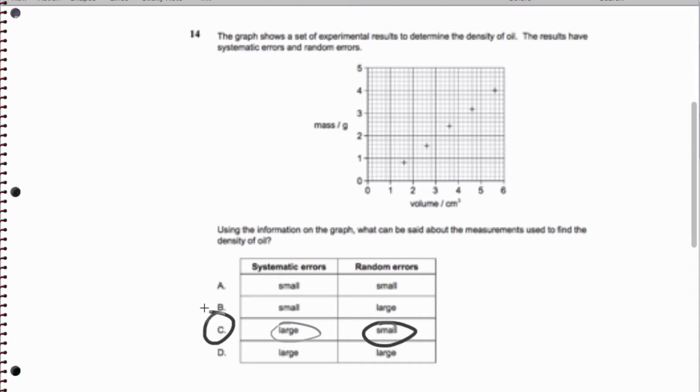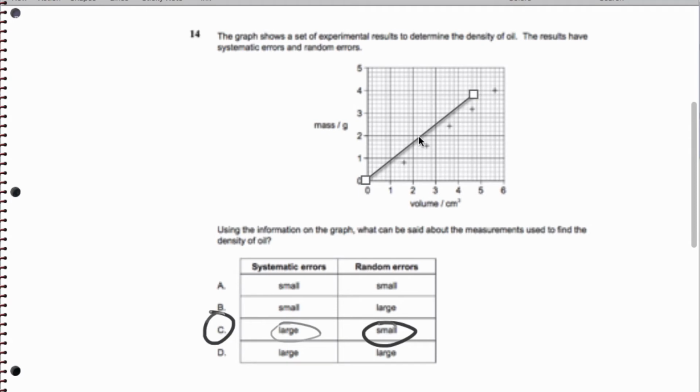So I'm getting choice C as far as our answer goes, because what we'd expect is this line to really be centered around the origin. So I'll show you what I mean. If I were to just take this line and draw it, I'm going to hope this works. This line should be nice and linear through here. Okay, it's right through those points.